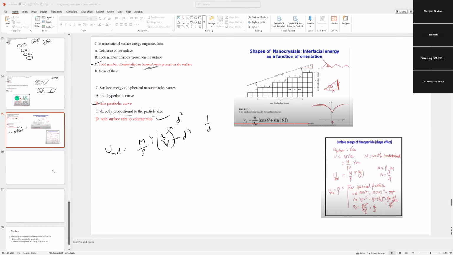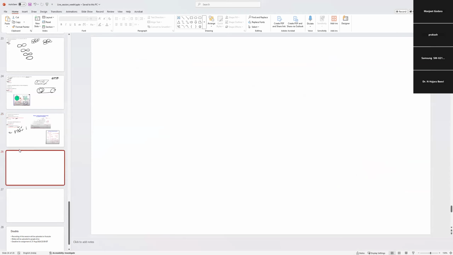Mass is linear to molecular weight, inversely proportional to density, and related to the diameter. This is what it's asking for, the parabolic curve.